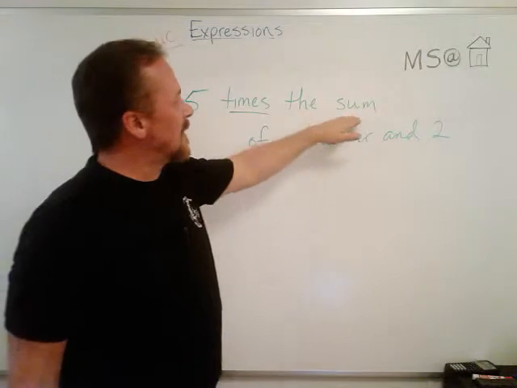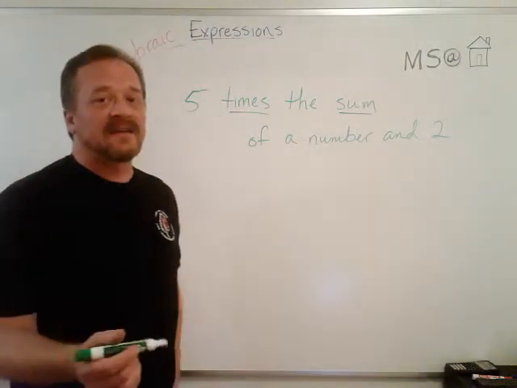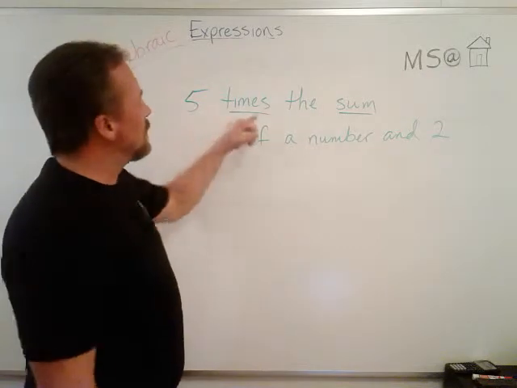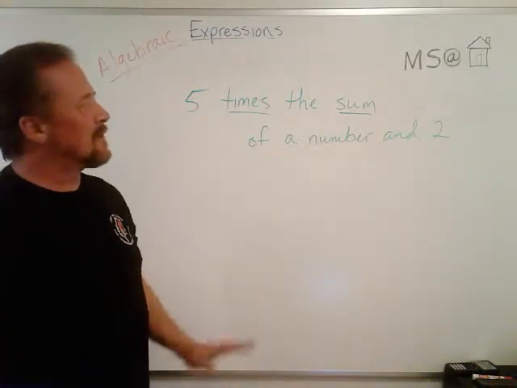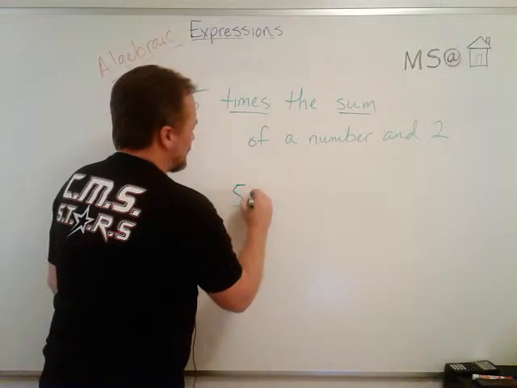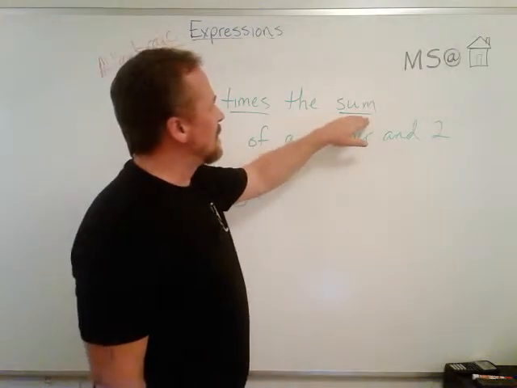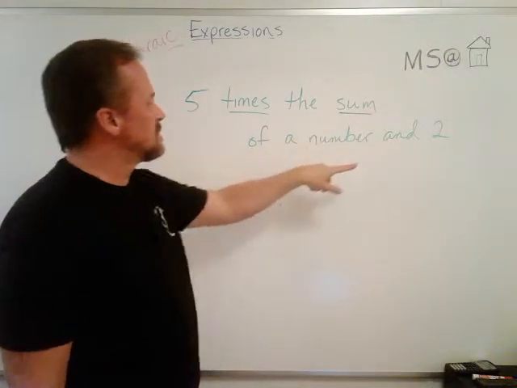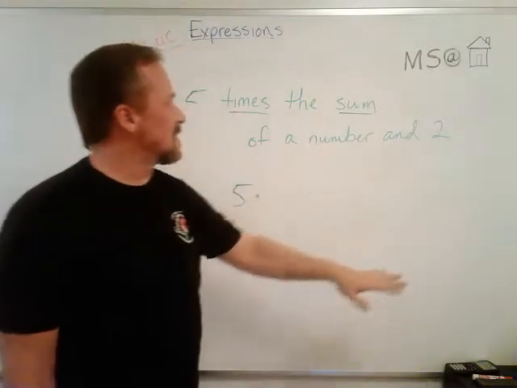And over here, I have another keyword, sum. Sum is a keyword for addition. So I have two operations here. Okay, I know I'm gonna multiply something, so I'm gonna put 5 times. And then I know I'm gonna add these two, because this says 5 times the sum of these guys, okay?